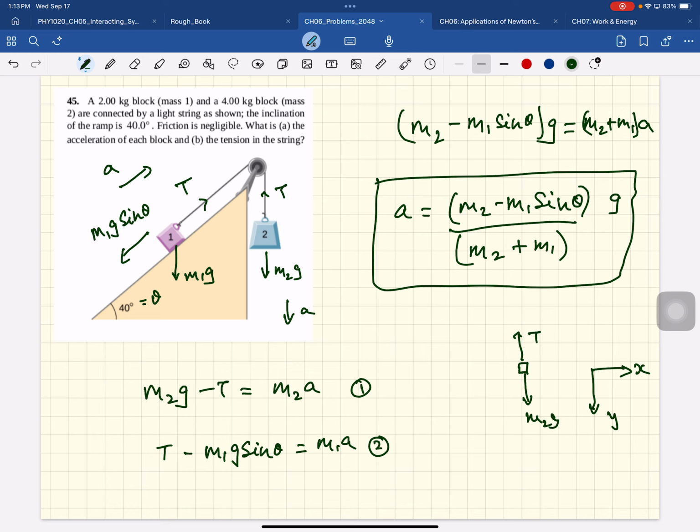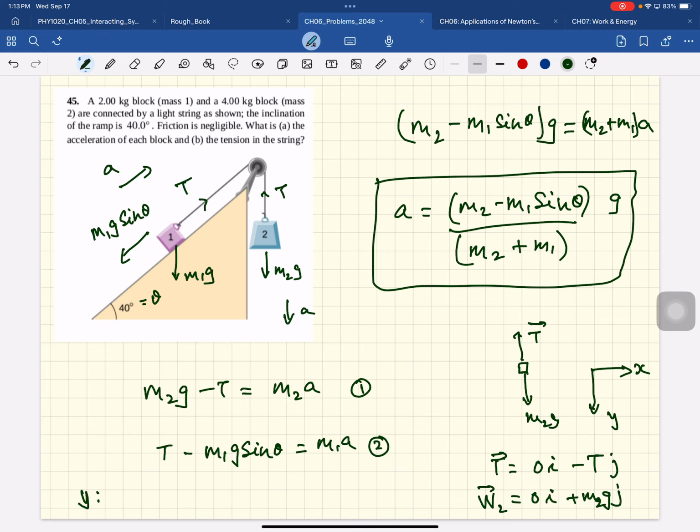There's the tension. The weight of 2 is 0i plus M2g j.